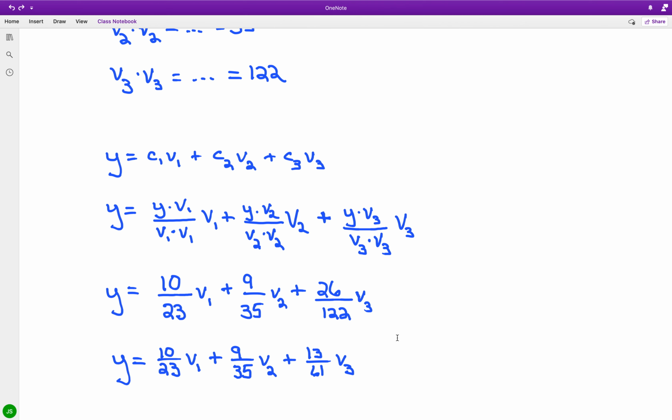In simplified form we have 10 23rds of v1 plus 9 35ths of v2 plus 13 over 61 v of 3.